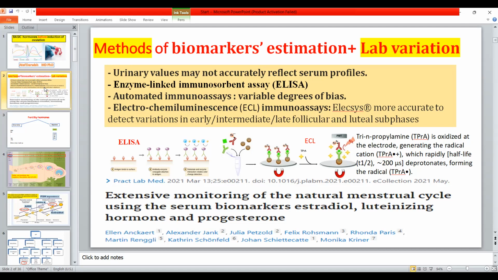So the identification of the method of estimation is very important because you cannot diagnose the disease or compare the results of different labs done by different methods of estimation. And some of them are more accurate than the others.